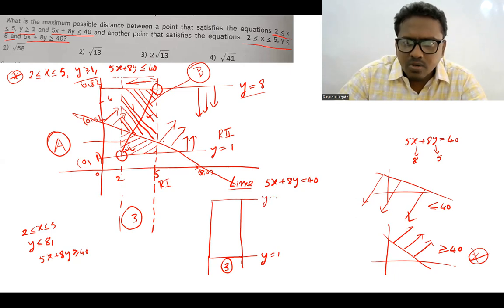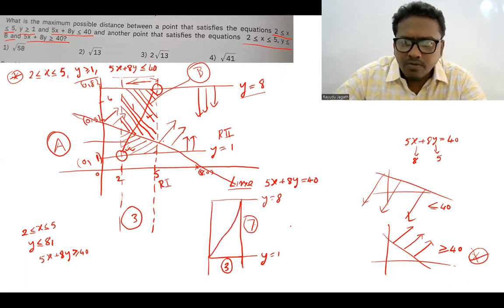The distance between these two is 7 units. So this diagonal has a length of root of 7 squared, 49, plus 3 squared, 9. So this is equal to root 58. Root 58 is the maximum possible distance between the 2 points.